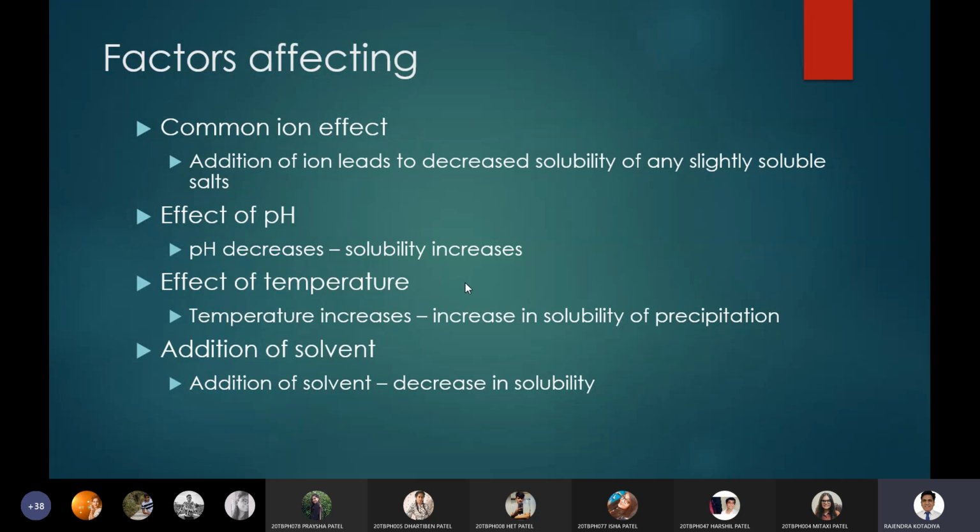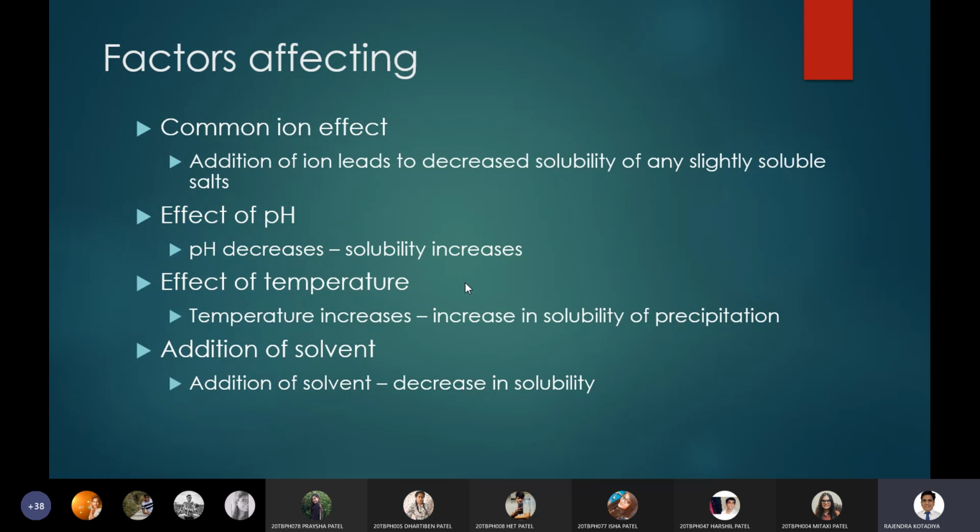So you are supposed to explain it. Sir, in simple words, it is the effect which suppresses the ionization of an electrolyte when another electrolyte containing the same ion as the first electrolyte is added.